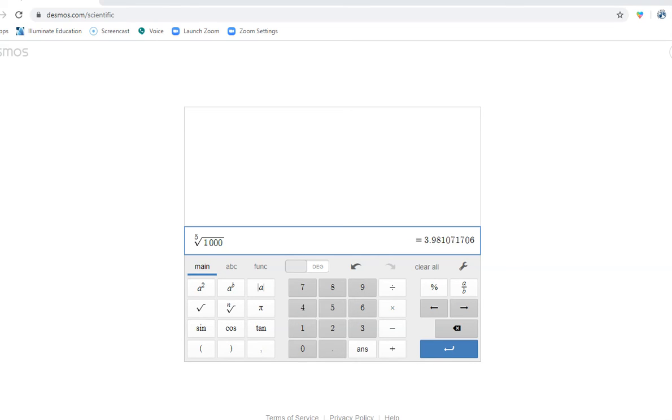Let's go with the square root of, pick any number, the square root of 387. 19.7.